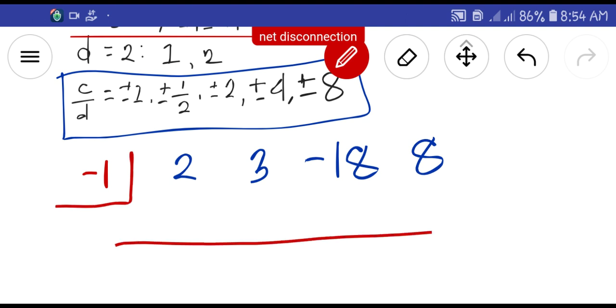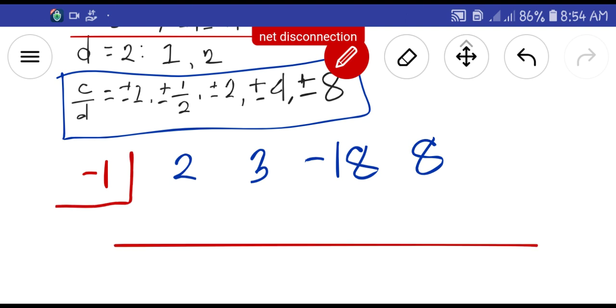The first step is to bring down 2 and multiply it by your divisor, which gives us negative 2 here. Next, we add, and we get 1. And 1 times negative 1 is negative 1.